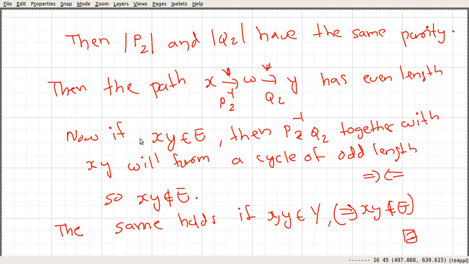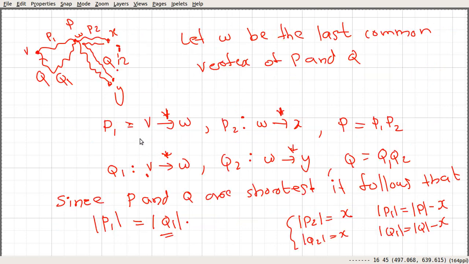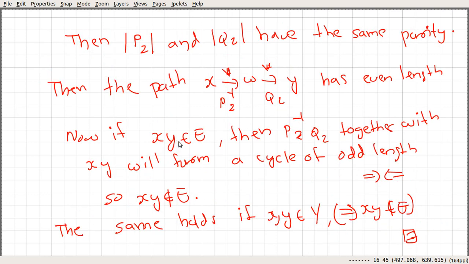Now if we add this edge between x and y, that is, if xy is an element of E, then the path p2 inverse q2 together with xy will form a cycle of odd length. So here we are considering this cycle: p2 inverse q2 followed by this edge.